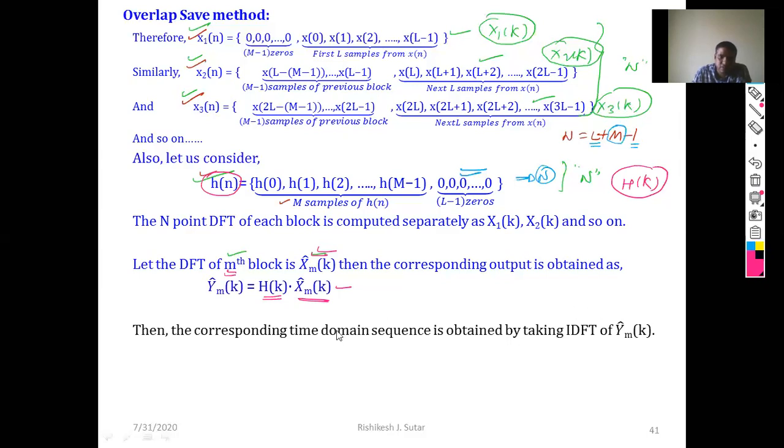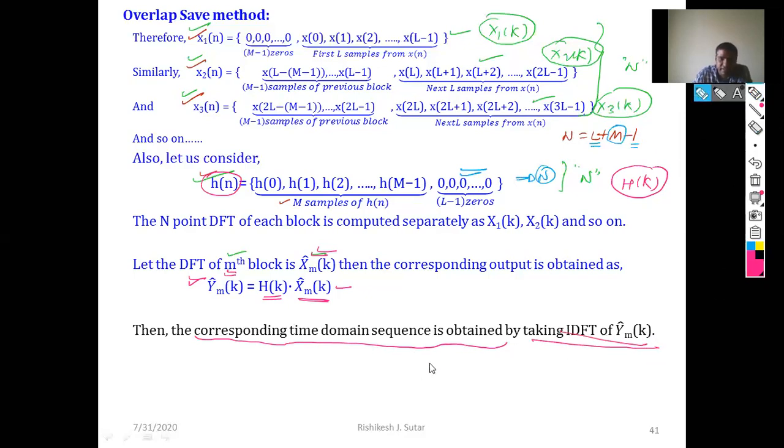So then what I have to do, once I got this y1 of k, is take its IDFT. Okay, so the corresponding time domain sequence is obtained by taking the IDFT of y cap m of k.